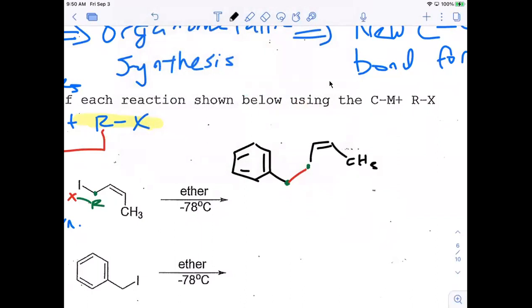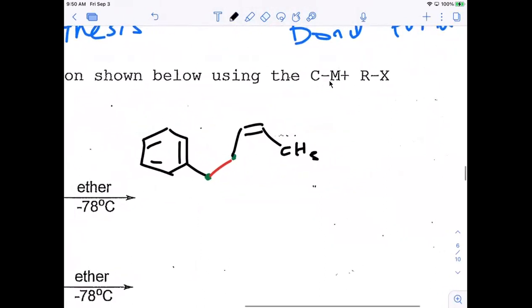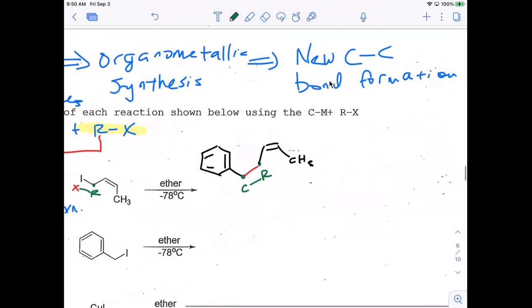Can y'all see that? So that's what my product is going to look like. So this is my CR bond. And then over here, I have an iodine and then I have magnesium iodide. So I'm just going to put those two together.